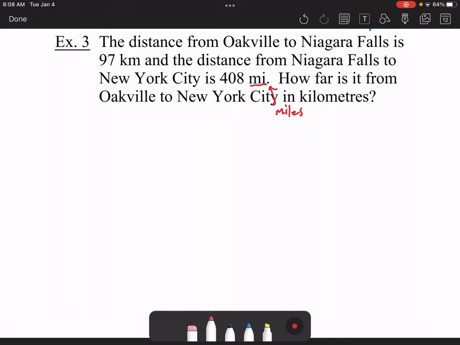Well, we already have Oakville to Niagara Falls in kilometers. We just don't have the Niagara Falls to New York in kilometers. So that's what we need to figure out. So a mile and a kilometer is both a distance.